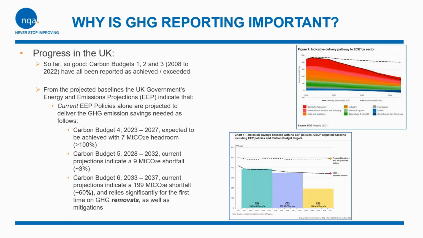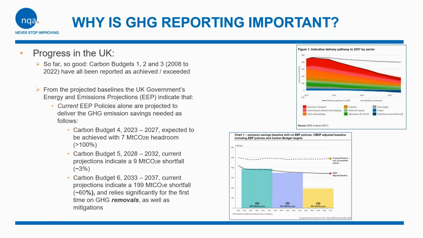And then carbon budget 6, which will run from 2033 to 2037, indicates really at the minute the projections still show a very significant shortfall against that budget, and that budget period begins to rely much more on the actual removals of greenhouse gases from the atmosphere by that point, as well as the reductions which have been so successful to date.